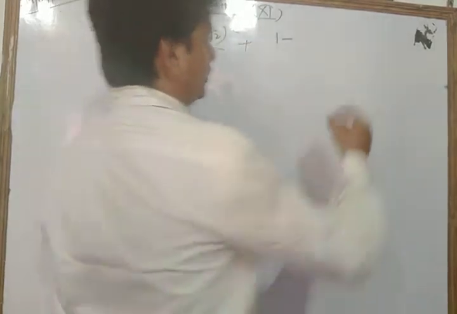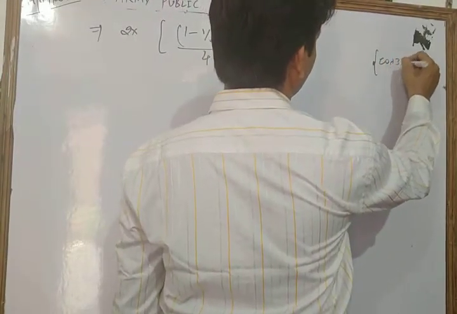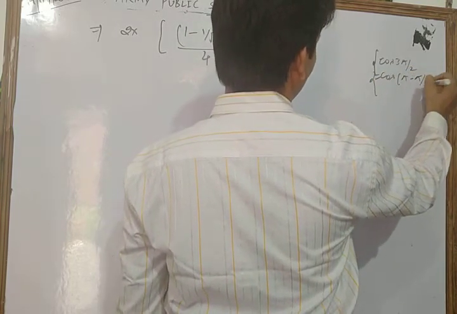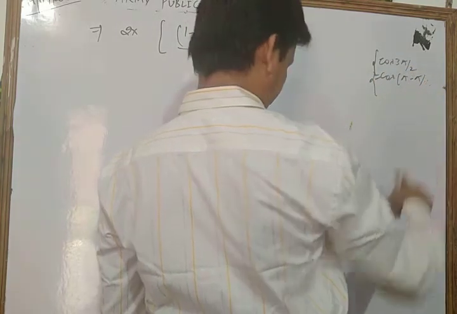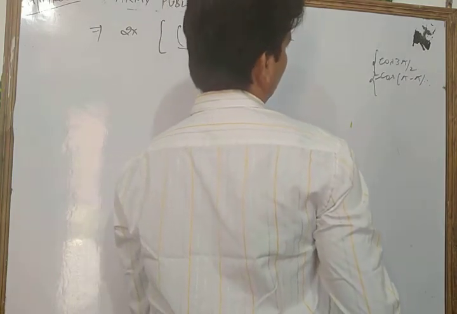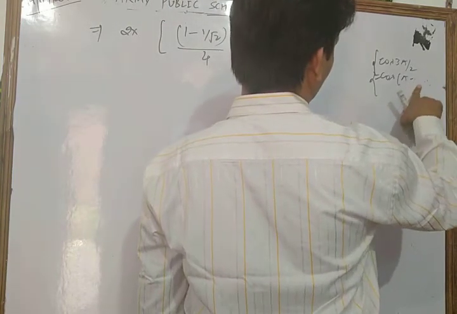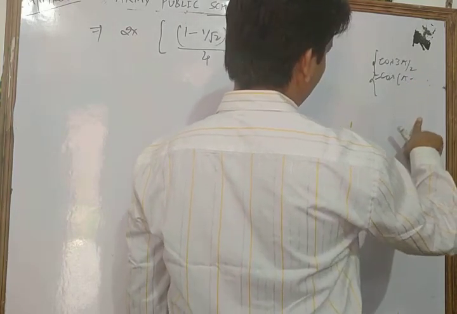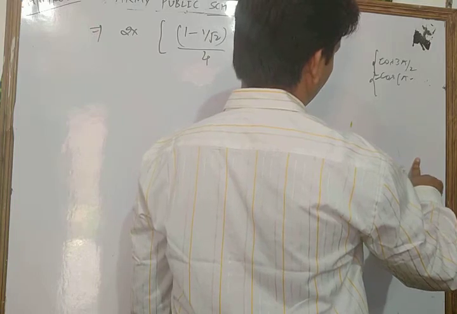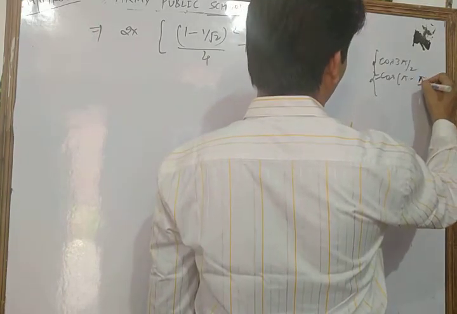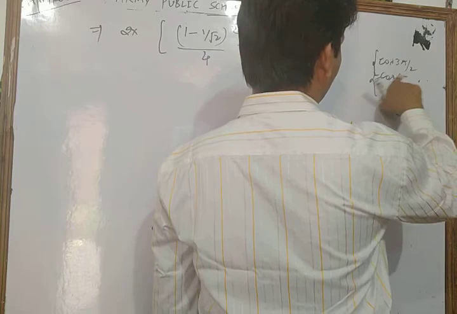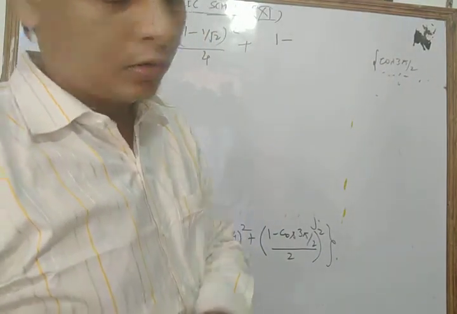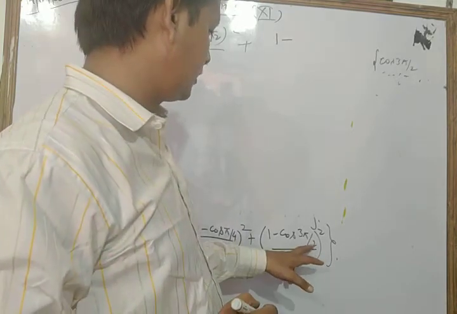The value of cos 3 pi by 2, sorry, that is 4 here.